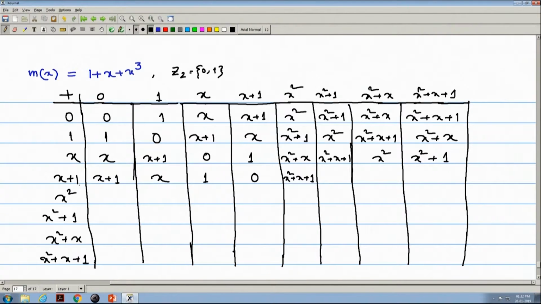Now, x plus 1 plus x square plus 1 means 1 will vanish, x square plus x plus 1, x will vanish, x square plus 1, and this becomes x square. Again, in a similar way I can compute the sum.